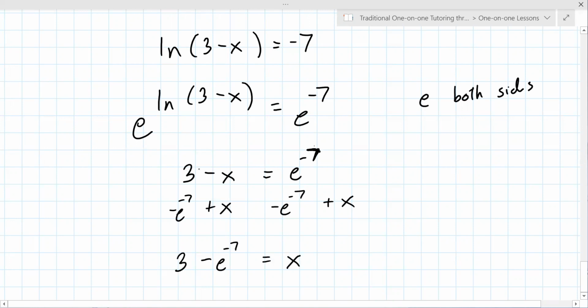You can subtract 3 and multiply by negative, but you end up with some other issues here. If that's clear, I would ask you to try that, where you move the x over, you move the e over, so they effectively change positions like that. So this is your answer. Now you can definitely put that in your calculator, but you don't need to. That is done.